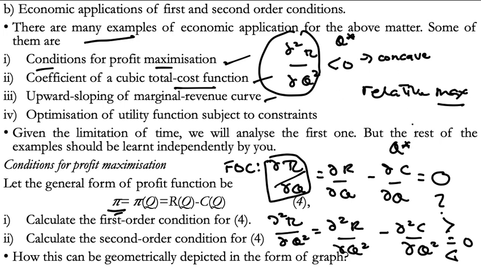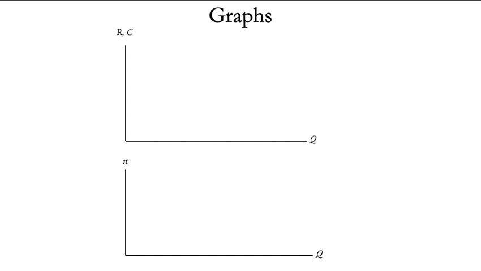Now, in the form of a graph, we can show it this way. Let's say our revenue function looks like this, increasing. As we produce more output, revenue is increasing, but at a decreasing rate. And then let's say for simplicity, our cost function starts here because we have fixed cost even if we don't produce.